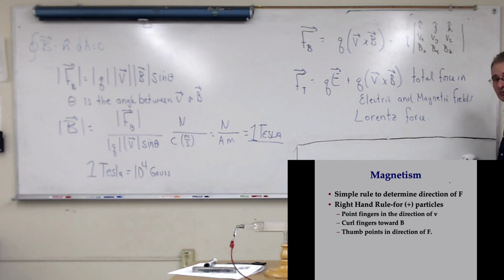And if you don't remember how to do the cross product, go back to chapter 11 of your textbook, which discusses it. This is how you would evaluate it in general. You have maybe 1 or 2 homework problems where you actually have to go through and evaluate it this way.